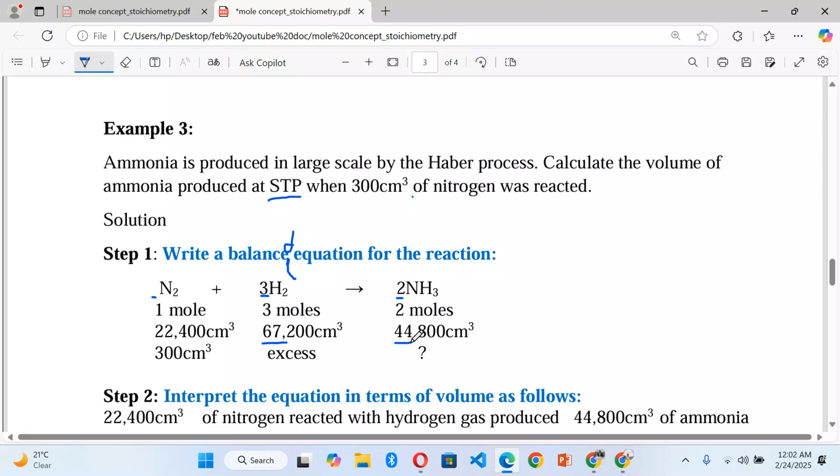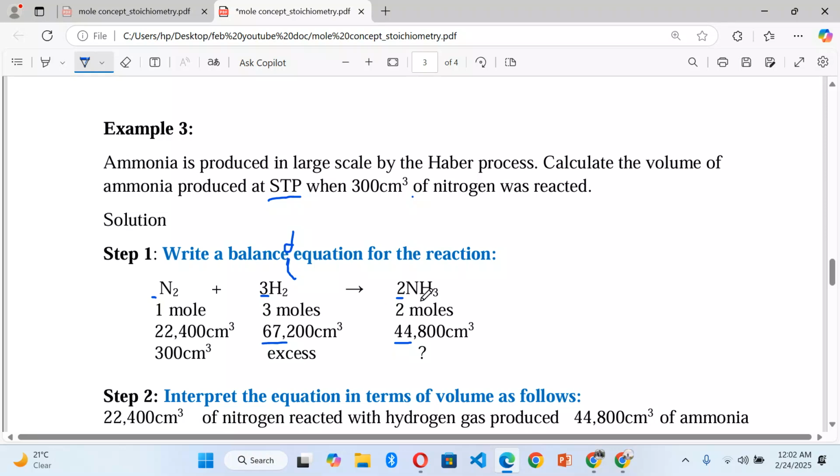So don't start worrying, where did this one come from? It is from the other statement which said 1 mole of a gas occupies 22,400 at STP and in these units, cubic centimeters. What about the 3?